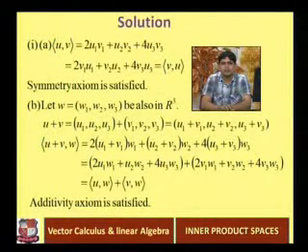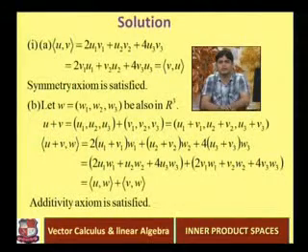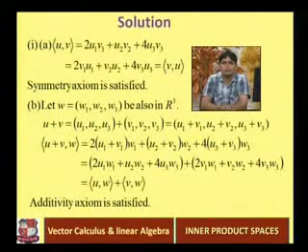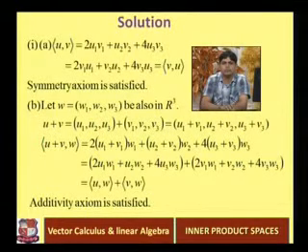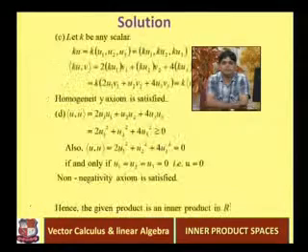So we get the inner product of u plus v comma w is equal to the inner product of u comma w plus the inner product of v comma w. So the second property, additivity, is also satisfied.